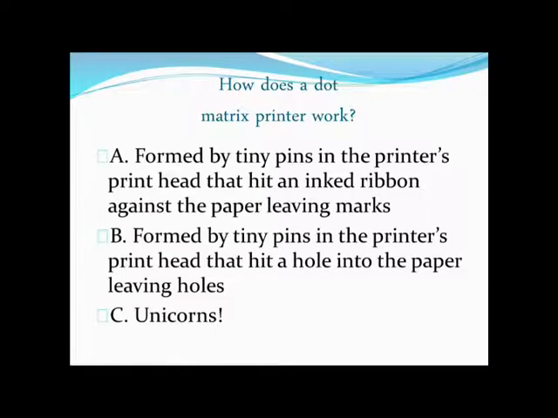Next one, how does a dot matrix printer work? Is it A, formed by tiny pins in the printer's print head that hit an inked ribbon against the paper leaving marks? B, formed by tiny pins in the printer's print head that punch holes into the paper, leaving holes? Or C, unicorns?